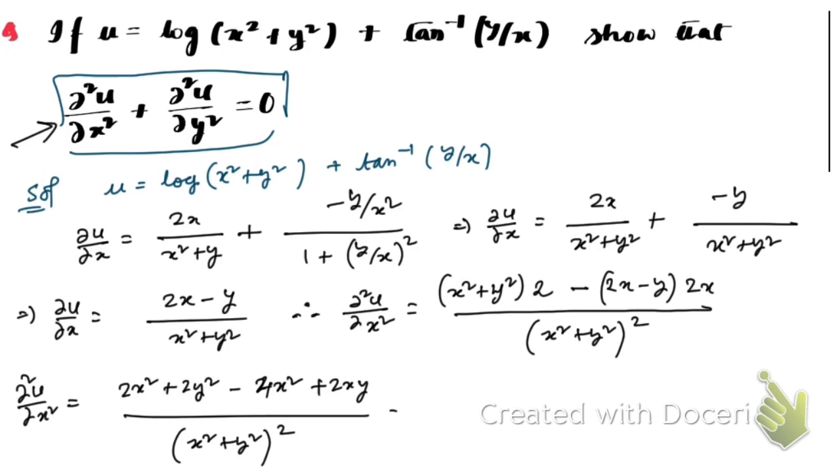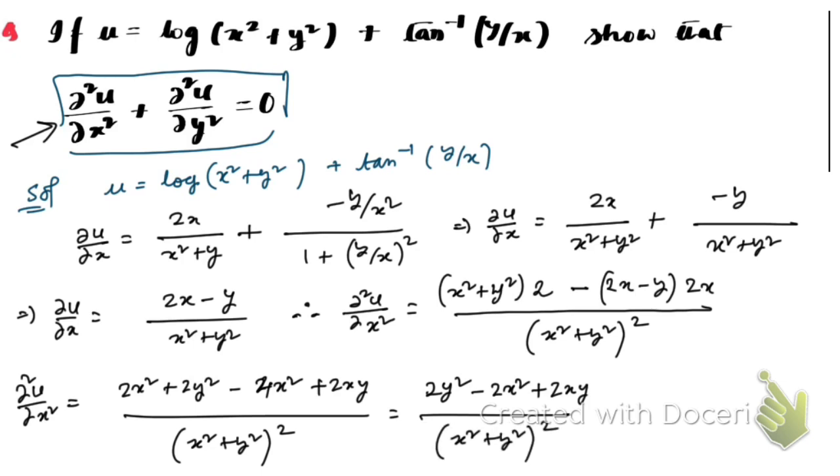So here it becomes 2y square minus 2x square, because 2x square minus 4x square is minus 2x square, then plus twice xy, that's what we have got, divided by this, right? So this one we have got.